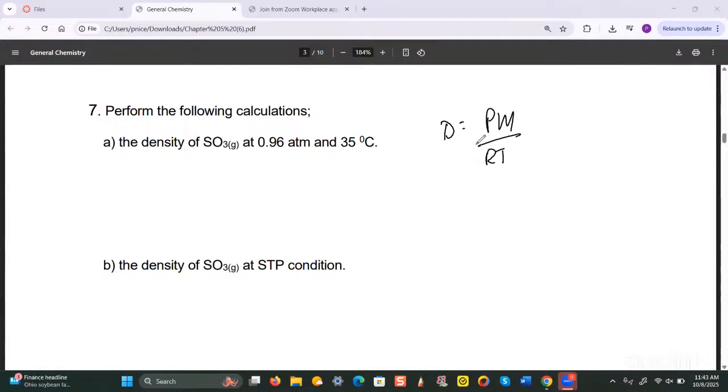So, to calculate the density in this case, we're going to take the 0.96 atmospheres, which is the pressure, multiplied by the molar mass. So we have to determine the molar mass, and I'm going to use my molar mass calculator.